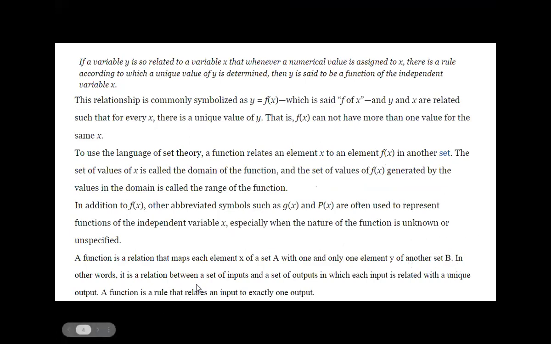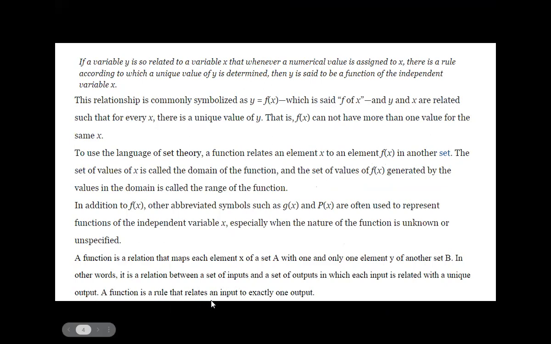In other words, it is a relation between a set of inputs and a set of outputs in which each input is related to a unique output, which is what we are talking about: for any value of x, there will be a unique output. There will be a unique value of f of x, or a unique value of y.